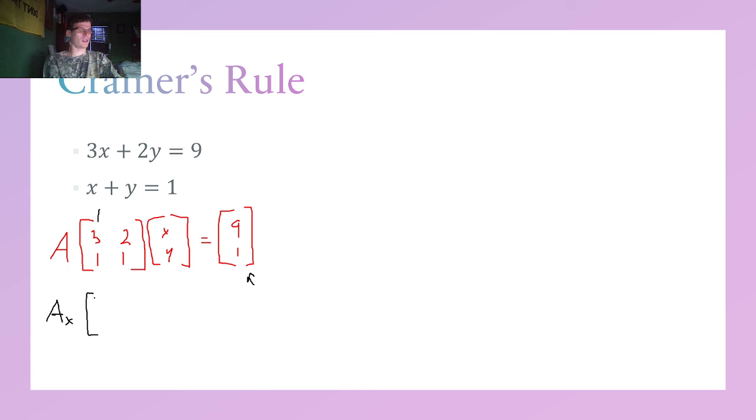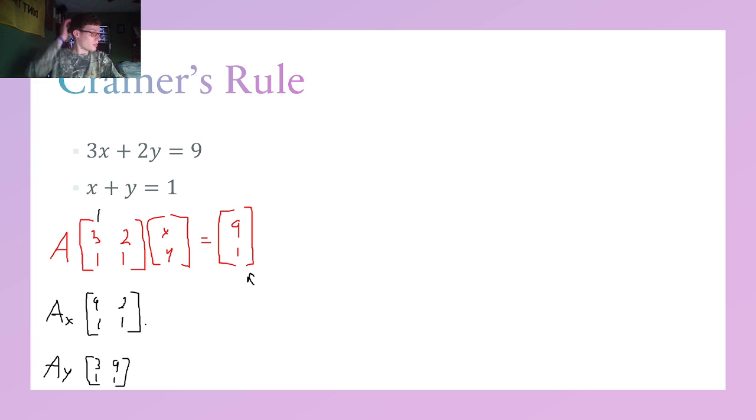So 9, 1, 2, 1. All right, so that's A of x. A of y is 3, the same except you're replacing the y values with the solutions. So 3, 1, 9, 1.